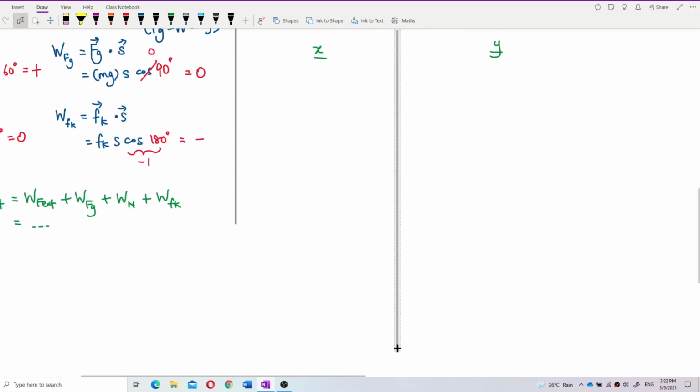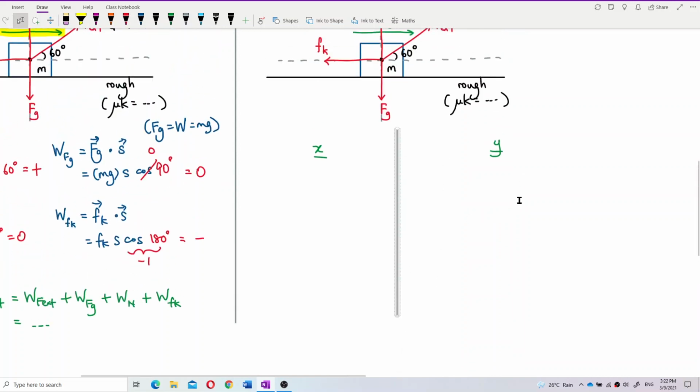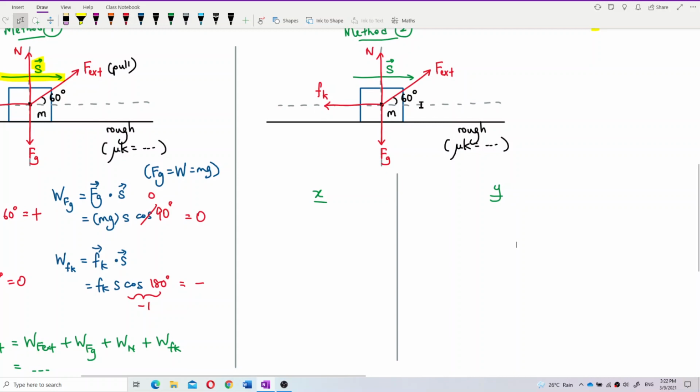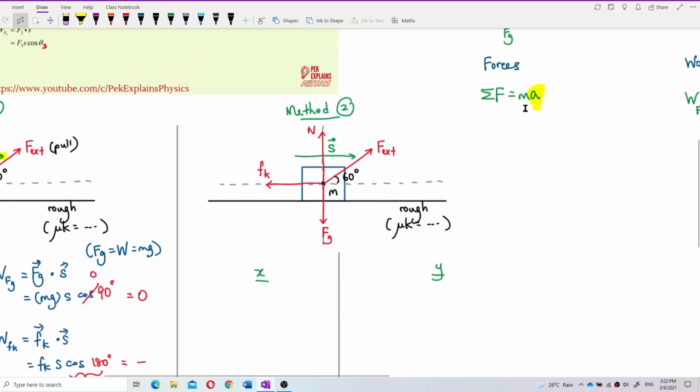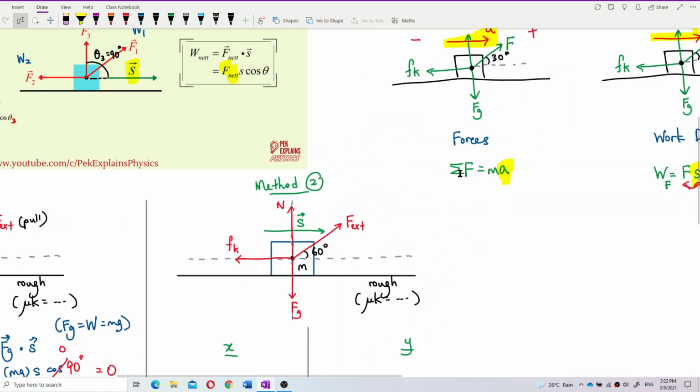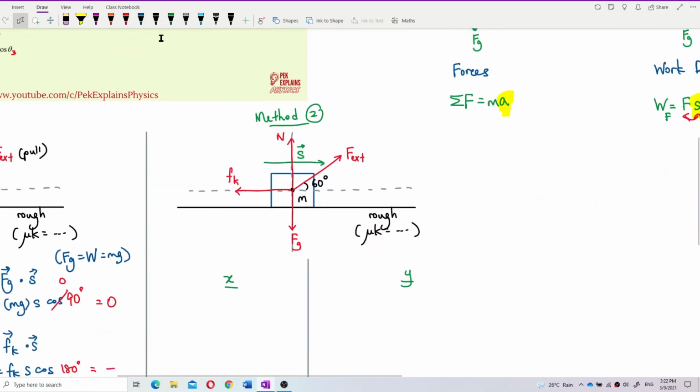So look at this one. We need to find the direction of acceleration, because we use the previous chapter method, F equal to ma. Let's say the displacement is to the right, so the acceleration should also be to the right.